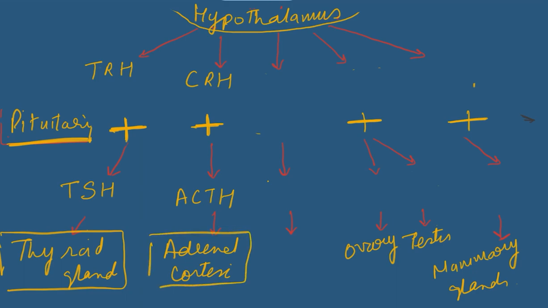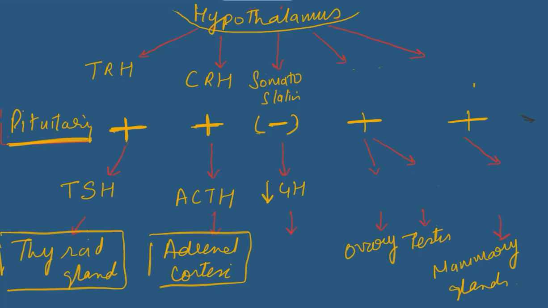Next we have somatostatin, which is inhibitory in nature. That means the pituitary will cause decreased release of growth hormone if somatostatin is released.